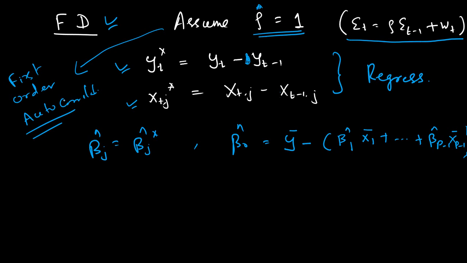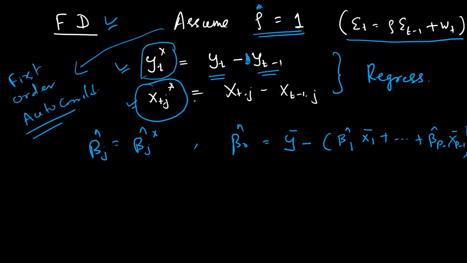In a typical first order autocorrelation, you would remove this with the first difference. First difference is just a keyword for subtracting the lag, yt minus 1, from its value. That's exactly what it is. When you do that, you have the transformed variables in place, yt star and xtj star, and you do the regression with them instead of the original variables yt and xtj.